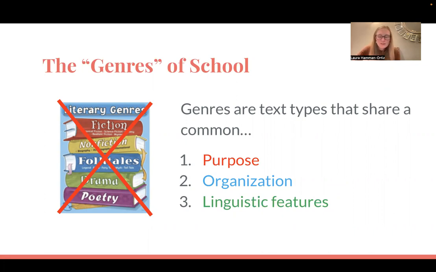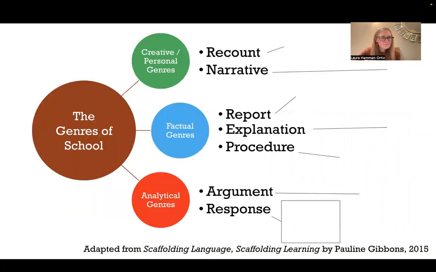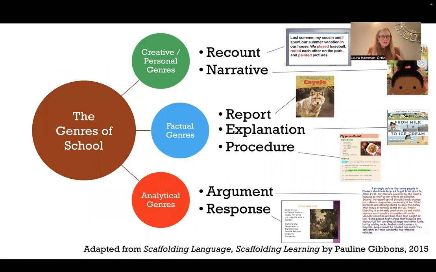And I'll give you some examples of those, and you also read about them in one of the chapters for this week. So this is the way that Pauline Gibbons groups some of the different genres that Martin and others have written about, and they're the ones that are commonly seen in schools. So some of the genres that students engage with at school, both in reading and writing, are creative or personal genres.